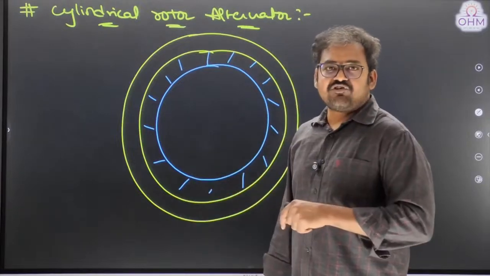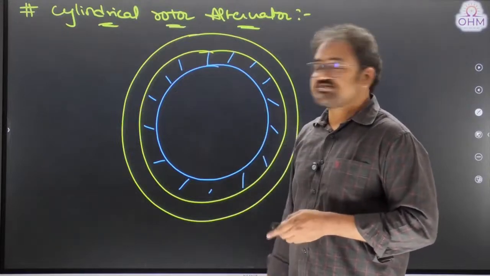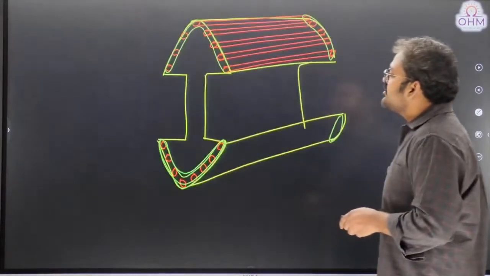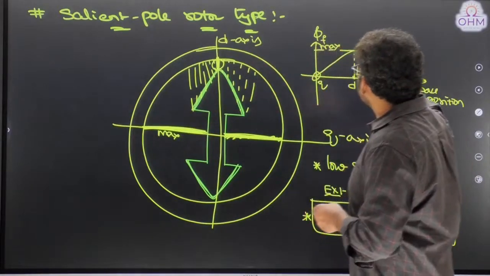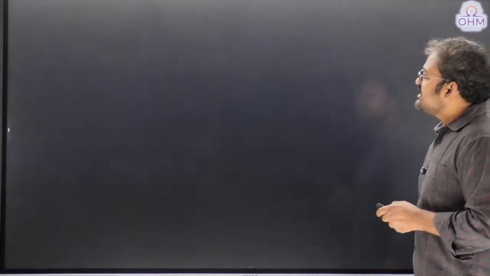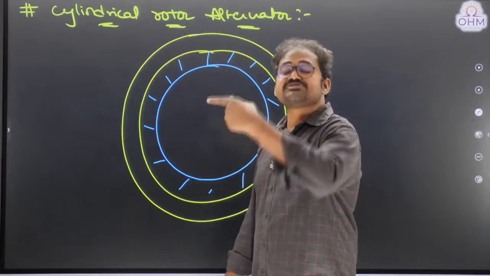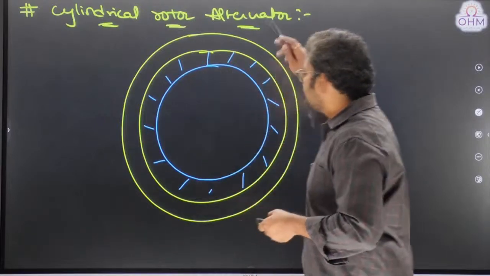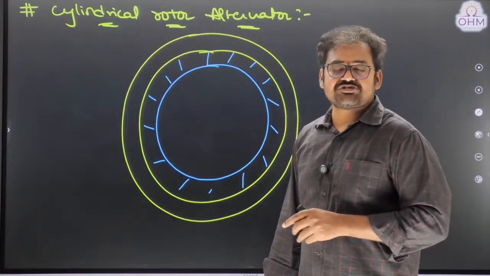If the air gap is uniform, how can we create a sinusoidal magnetic field? I told you in a salient pole machine, the non-uniform air gap is the reason to make the flux sinusoidal. But in a cylindrical rotor machine, how can the flux become sinusoidal even though the air gap is uniform? That is where distributed field winding comes into the picture.